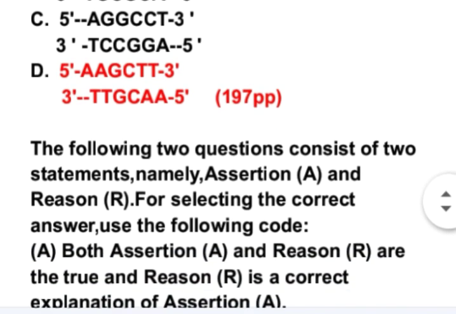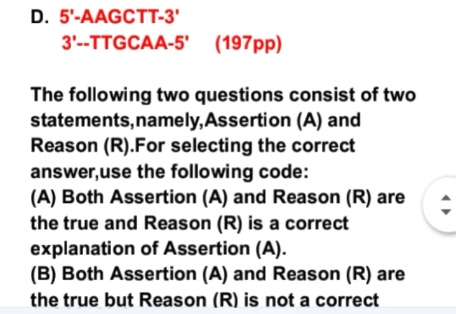Next are assertion and reasoning type questions. We have been given two statements. One is assertion and the second one is reason. For selecting the correct answer, we will mark it A if both assertion and reason are true, and the reason is a correct explanation of assertion.